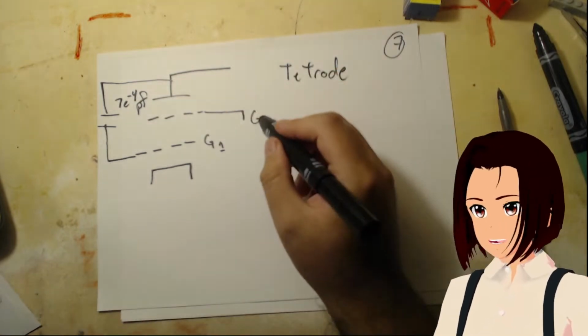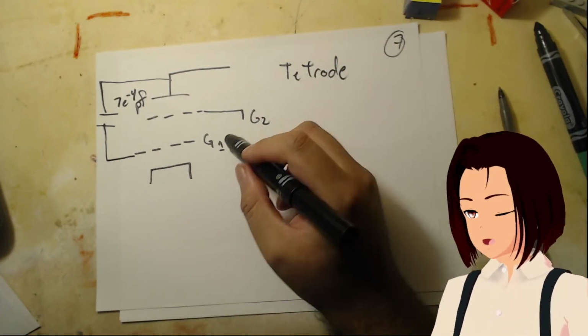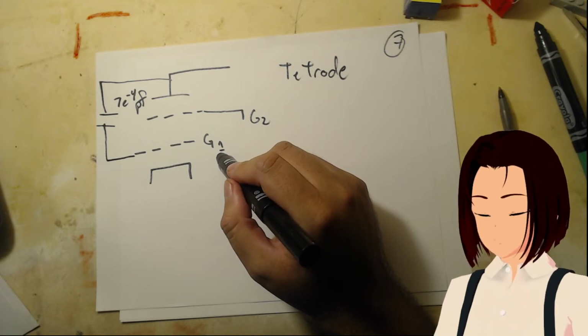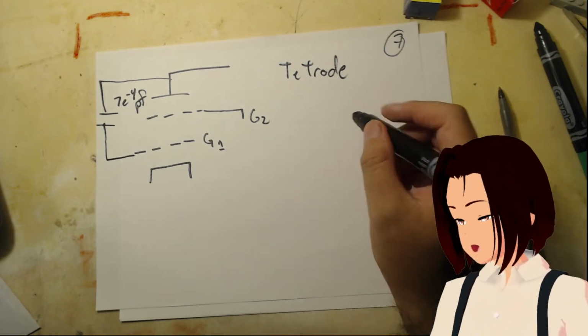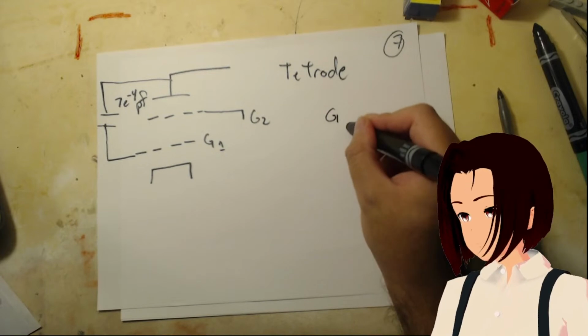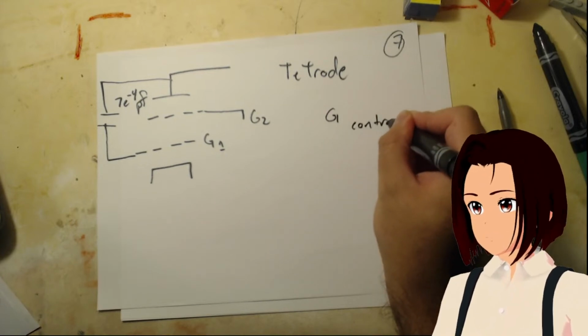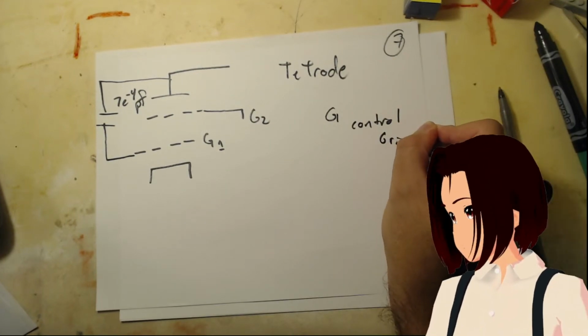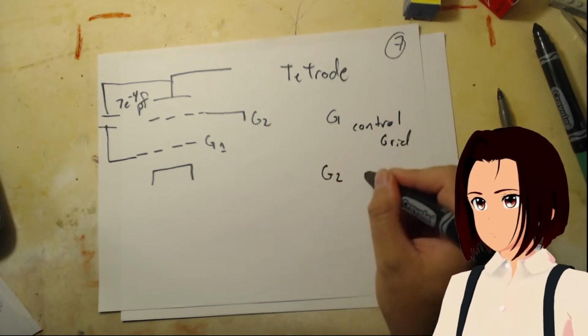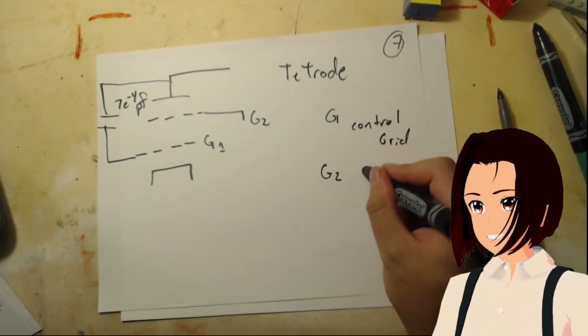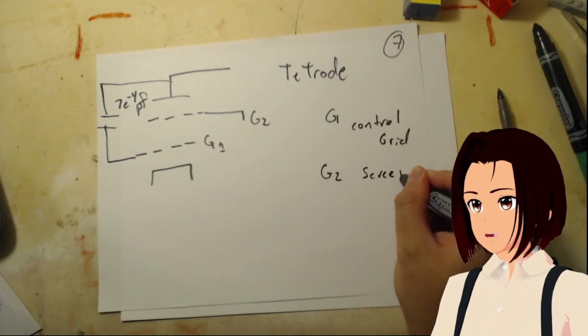G1 is the control grid. G2 is the screen grid.